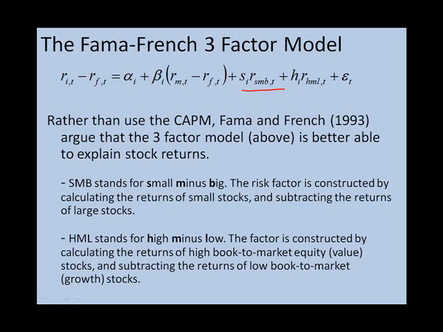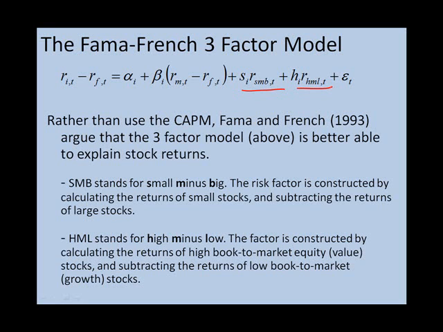The other factor that Fama-French added is called HML, and HML stands for high minus low. This risk factor was constructed by calculating returns from high book-to-market equity stocks and subtracting the returns of low book-to-market equity stocks. Now we know that high book-to-market equity stocks are often called value stocks.